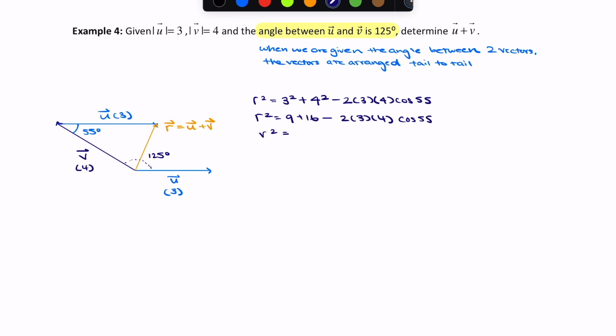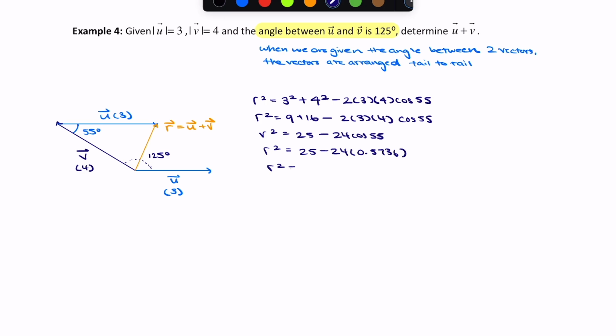R squared is equal to 25 minus 24 cos 55, where cos 55 is approximately 0.5736.